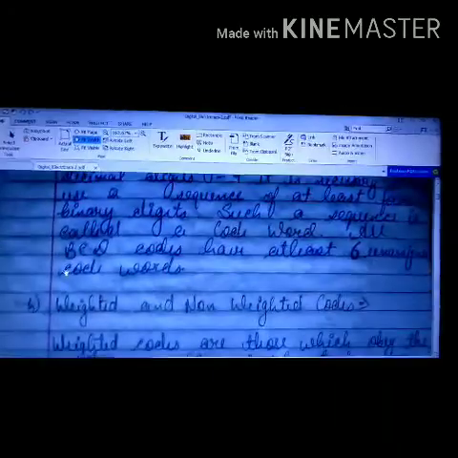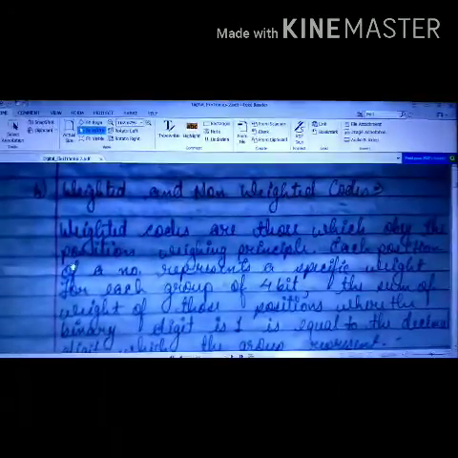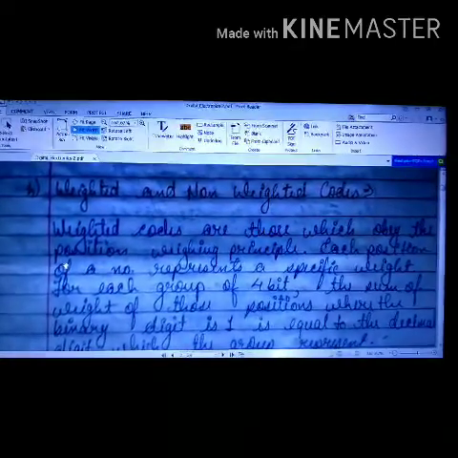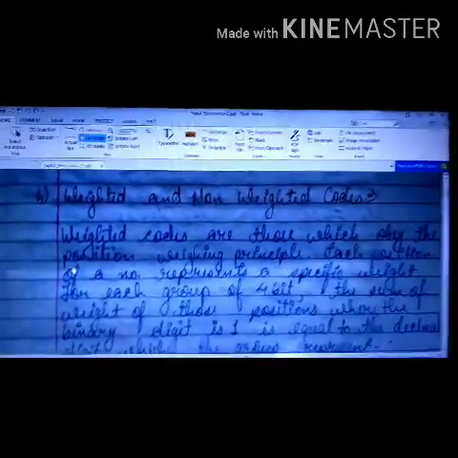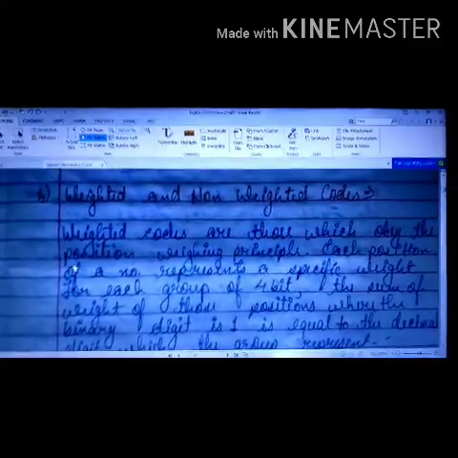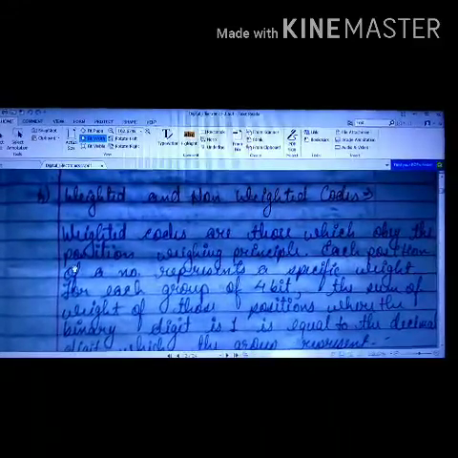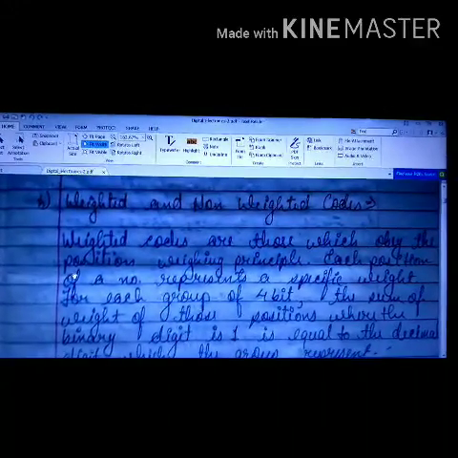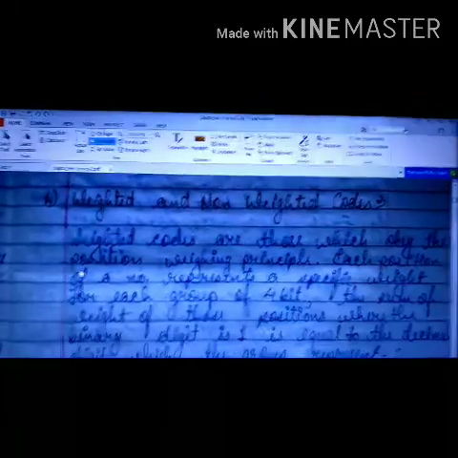Next comes weighted and non-weighted codes. While studying decimal, binary, octal and hexadecimal number systems, we called them weighted number systems because each digit had a weight attached to it. So any code which has a particular weight attached to a particular digit is known as a weighted code.